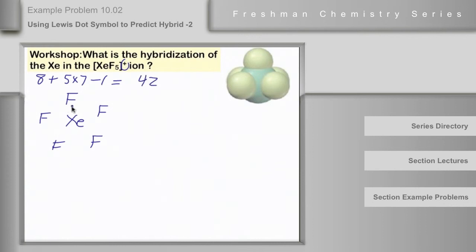So I'll go ahead and put in the single bonds between the xenon and each one of the fluorines. And remember, this is a cation. And that's 10 electrons. So 42 minus 10 is 32. And each fluorine, in order to get its octet, needs 6.